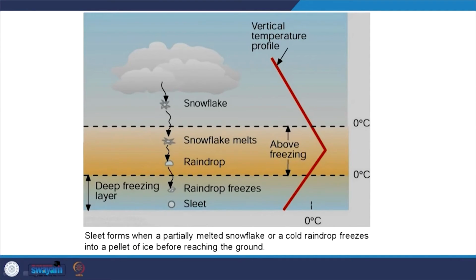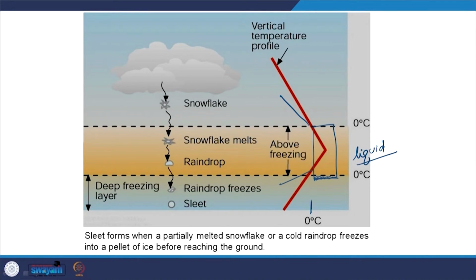If you put the 0 degree centigrade mark here, this region is conducive for water to exist in the liquid form, as the temperature is more than 0 degrees Celsius. So, water cannot freeze here, but in this region and this region below, water will exist in the ice form.